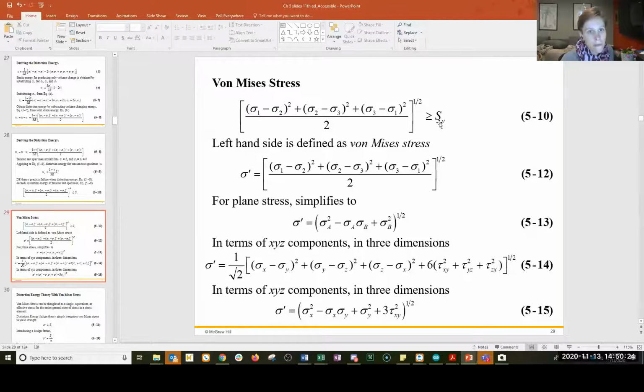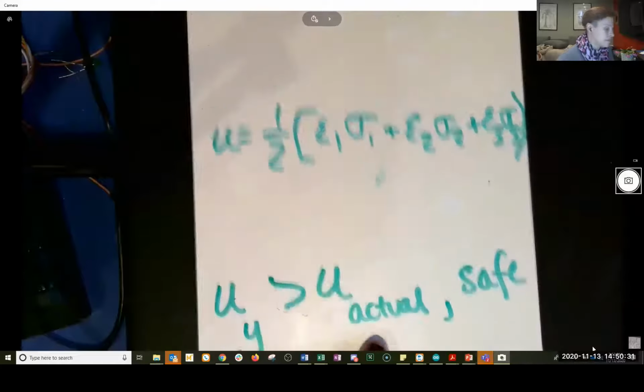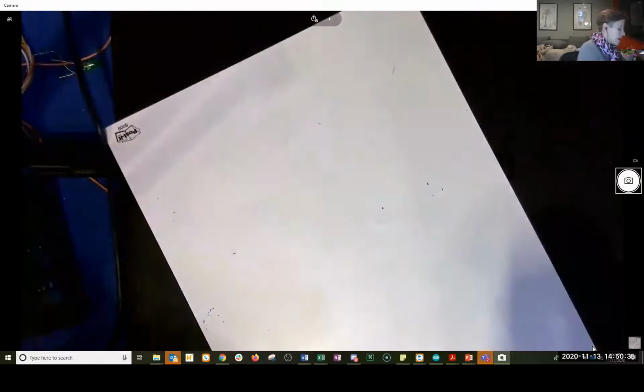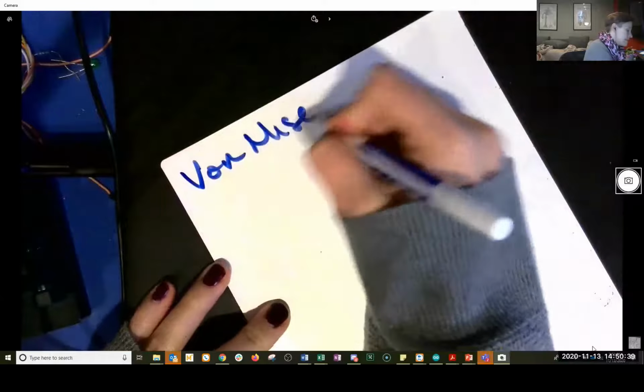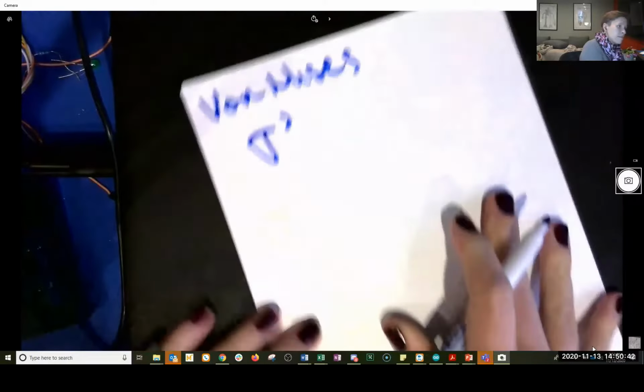You just said something about comparing them for a factor of safety. What exactly are we comparing for factor of safety? Yes, yes, yes. Let me write it out. Because in all of that, I don't think it actually. So we describe von Mises as sigma prime.